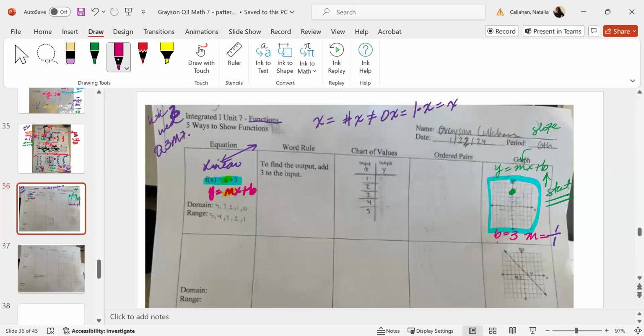If we're going to graph a line, what's your slope? Which means you go up 1 and you go over 1. That's the equation in your line.